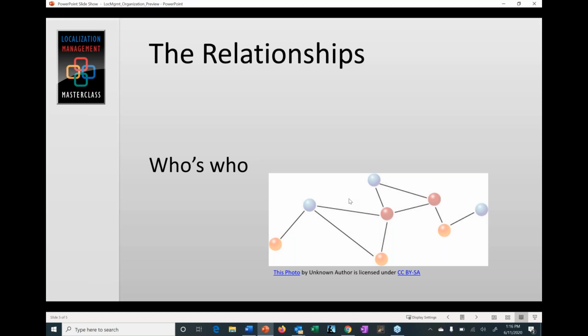We have to have a relationship with those people because we take their content, and we want the processes of getting the content and then pushing it back to go smoothly and seamlessly. That's not going to happen unless we have smooth and seamless relationships with those teams, even more than with people, with those teams. So those are relationships that need to be established, nourished, and oftentimes extended.